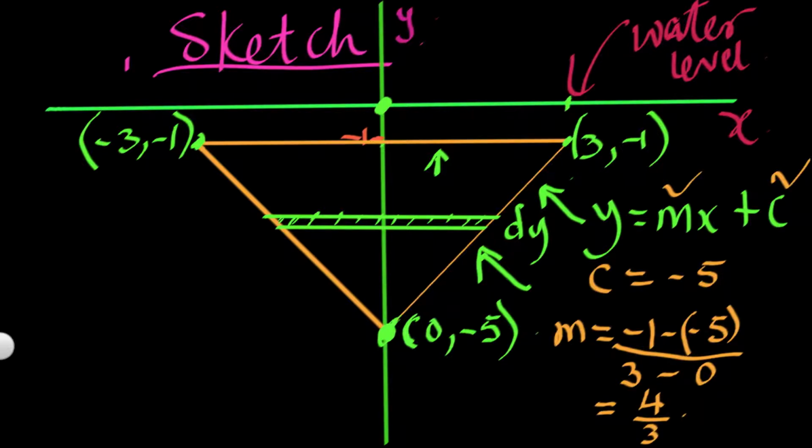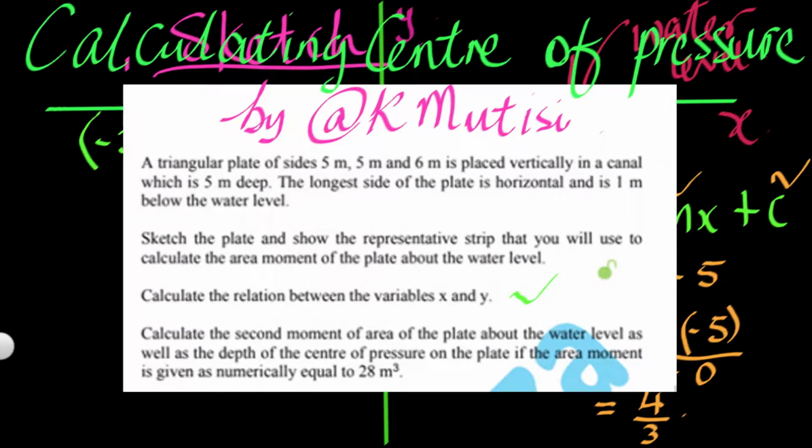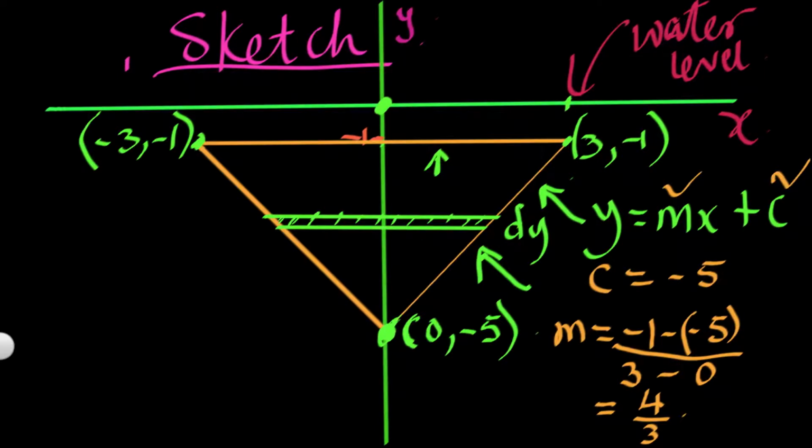Now, if we are to answer the first question, let me go back to the question. If we are to answer this question that says, calculate the relationship between variables x and y, then we are done. The relationship is a straight line, and we just want to show that straight line. So the straight line is y equals 4/3 x plus c, which is -5.